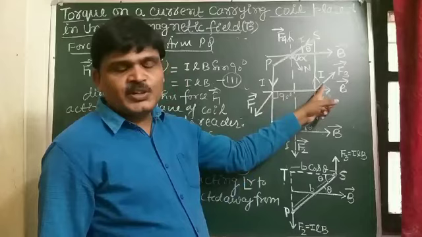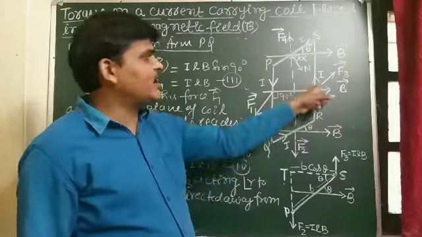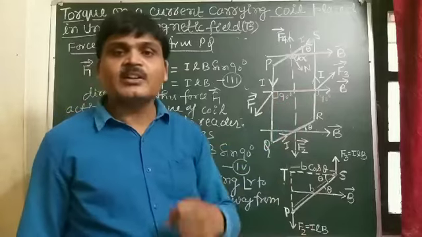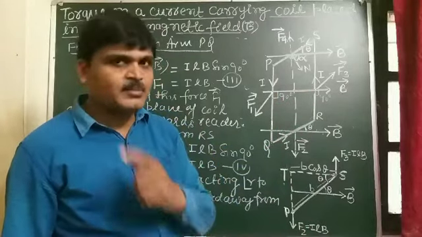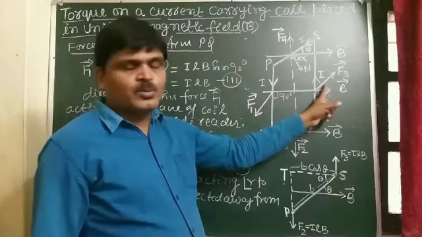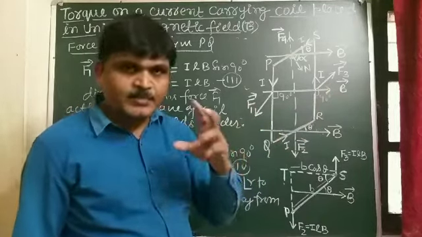They are parallel to each other, acting in opposite direction, and their line of action is different. This is the main point. The magnitude of F1 and F3 is the same.